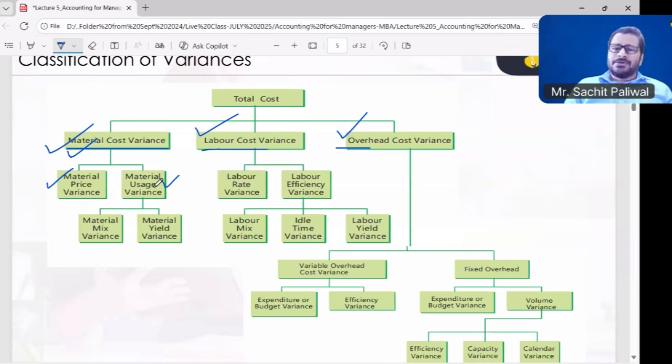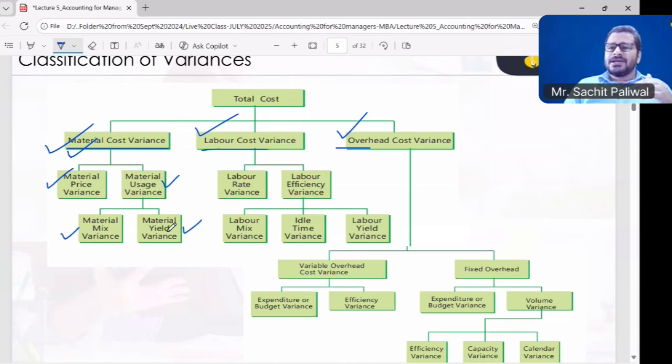Usage variance happens where the consumption has changed, and usage has two reasons, mix variance and yield variance. There are some materials which are mixed together to produce a particular output. Where we mix two or three kinds of raw material to manufacture one item, the mix variance could be possible. The quantity may change, and based on that the output is going to change.